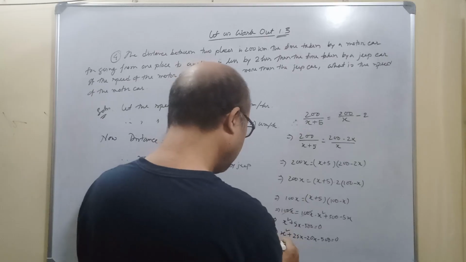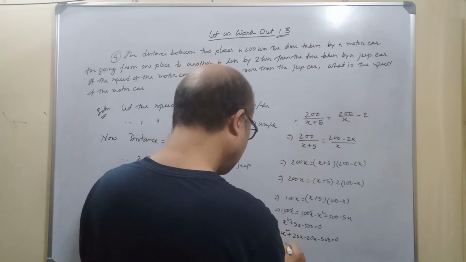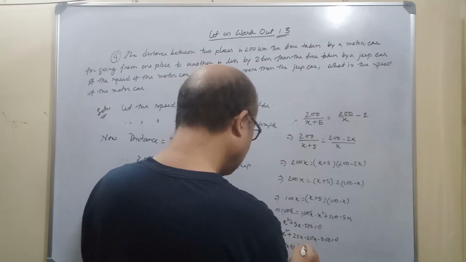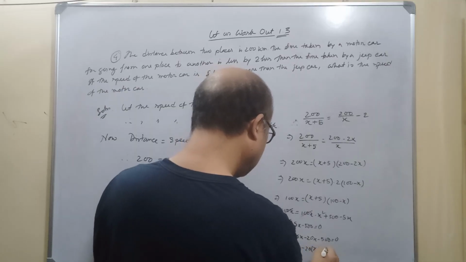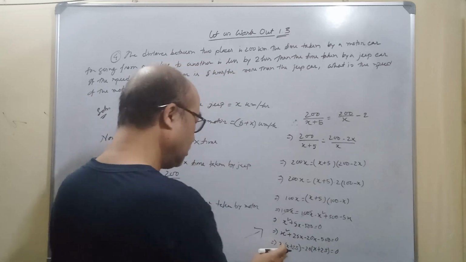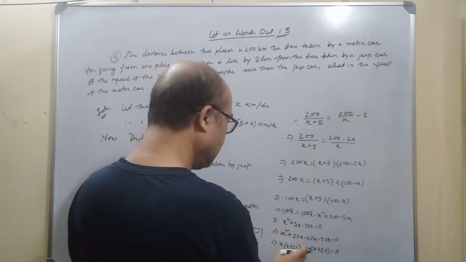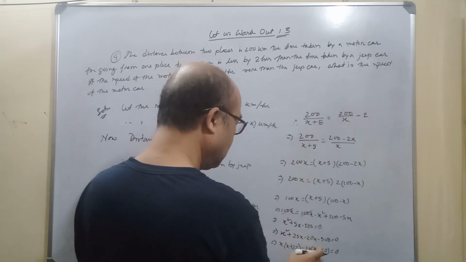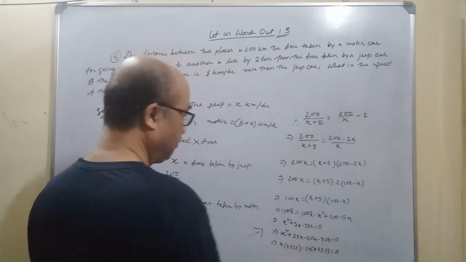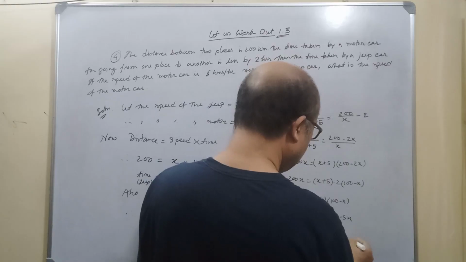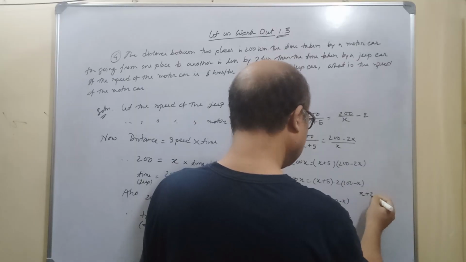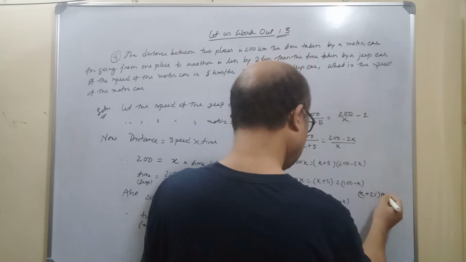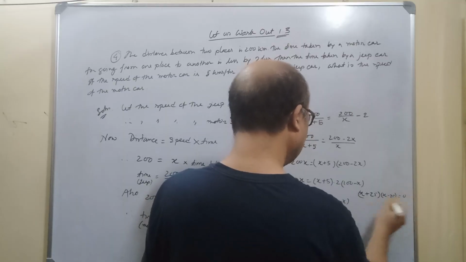This is equal to x into x plus 25 minus 20 into x plus 25 equal to 0. x into x is x square, x into 25 is 25x, minus 20 into x is minus 20x, minus 20 into plus 25 is minus 500. So we get x plus 25 then x minus 20 equal to 0.